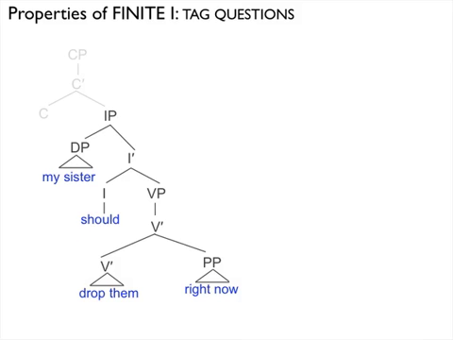The subject of the clause is also going to be in a relationship with the I node by virtue of its agreement property, the fact that it triggers agreement properties on the I node and/or the verb. And that's going to be something that happens in language after language. Some languages will also have that agreement with the object, but the basic scenario is that languages more often have agreement, like English does, with the subject on the verb, but not the object.